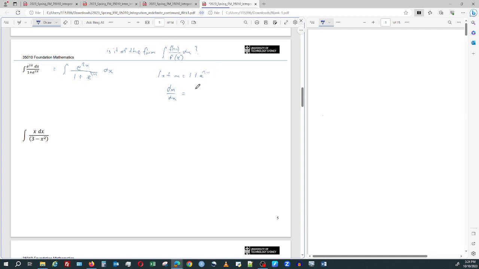Okay, du dx. Well, I think that it turns out that if we do the chain rule, we have to differentiate this one. One will clearly disappear, but e to the 2x requires a chain rule.